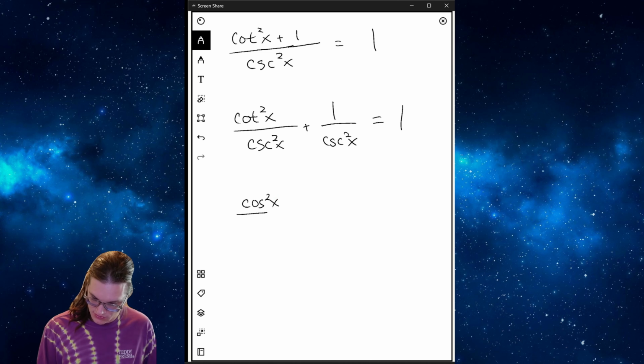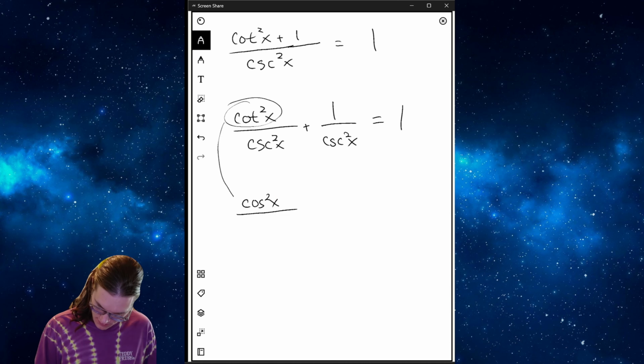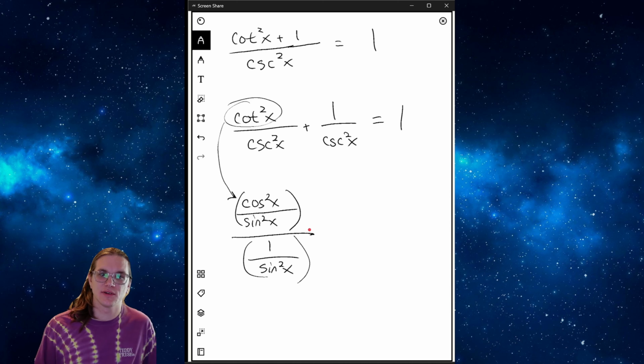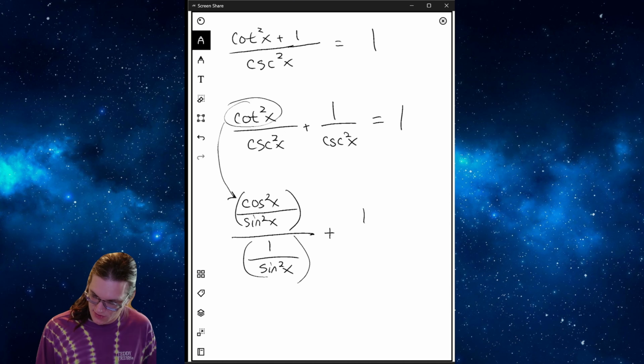Cosine squared of x over sine squared of x, okay, over cosecant is 1 over sine, so I'm going to write it. Remember, this is a crazy mess that I'm making, but it's just to show why we should accept these identities as true.